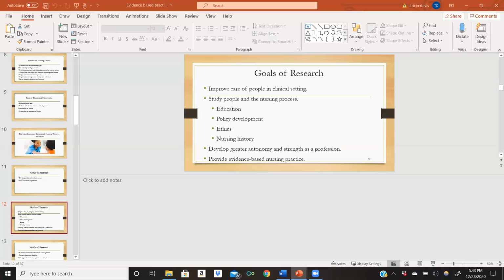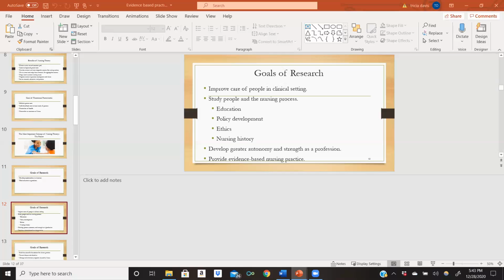So nursing research, broadly defined, encompasses research to improve the care of people in the clinical setting, as well as the broader study of people and the nursing profession, including studies of education, policy development, ethics, and nursing history. Research is included as an essential component of nursing by the American Nurses Association, the International Council of Nurses, and by nursing specialty organizations.